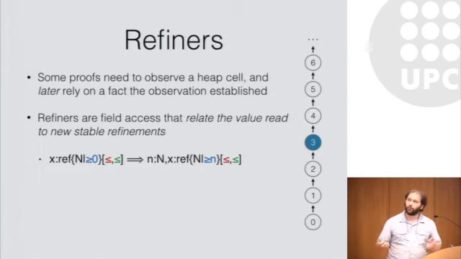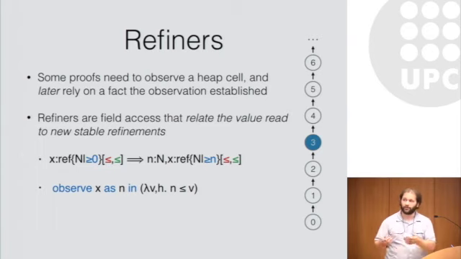So we'd like to be able to move, in general, from a reference that says this is a non-zero positive number that will only ever increase to, after you read out something new into n, knowing that that's a new lower bound. So we can write that in our system as observe x as n, so you're naming the result, in a new stable predicate stated in terms of the value you just read out of the heap. And so type checking this requires us to, of course, prove this is also stable with respect to x's rely.